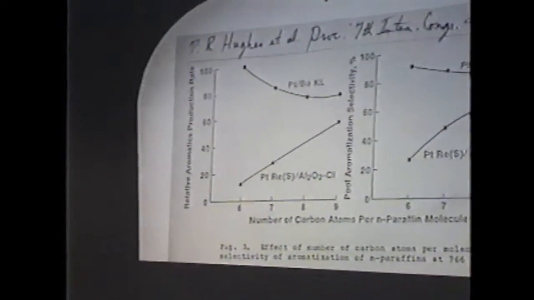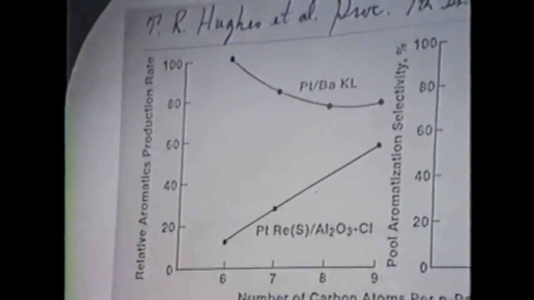It certainly was maybe not a sufficient advance to our understanding that you could make it even less acidic, make it even more basic, and in fact, it does make a better catalyst. Another point to be made is that what this catalyst is really good at is normal hexane to benzene.